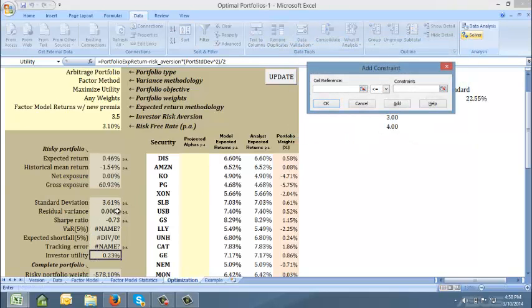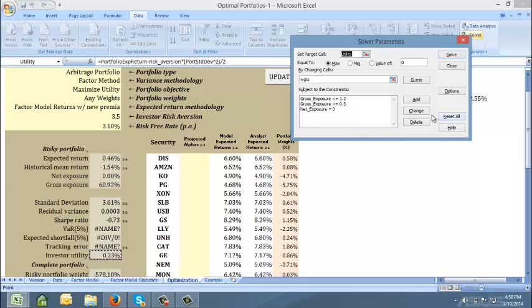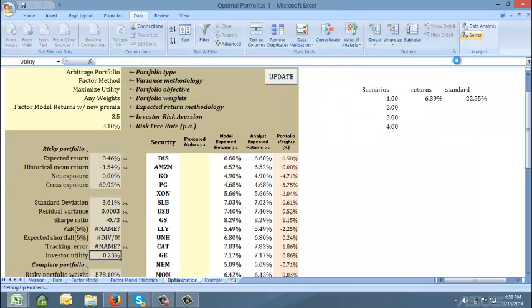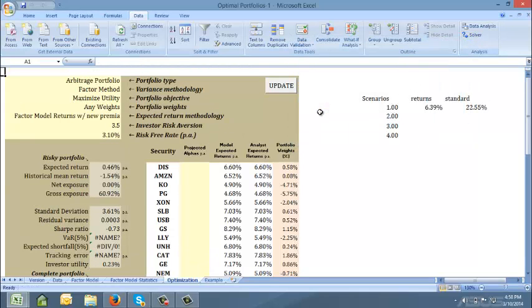I'll add gross exposure 1.2, and then gross exposure again greater than or equal to 0.3. Hit OK, and we'll run that. We'll solve. Found a solution.